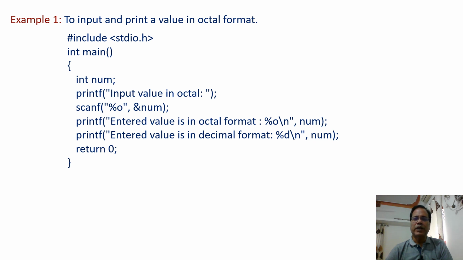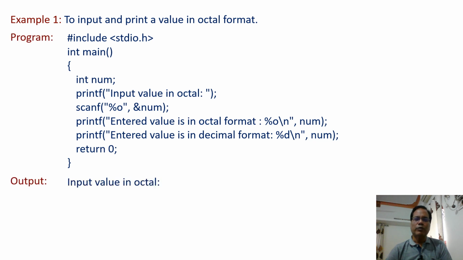In the next statement, entered value is in decimal format. Suppose we have to write the value of that octal number in decimal format, then we specify the format specifier %d, and the value of variable num gets printed, but it will be printed in the decimal equivalent.